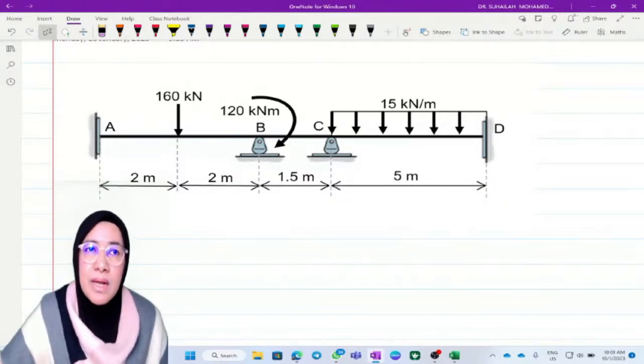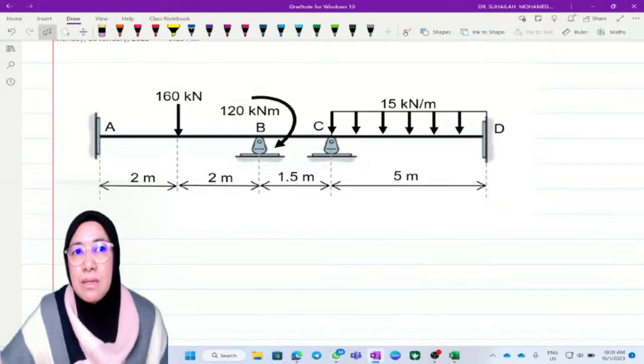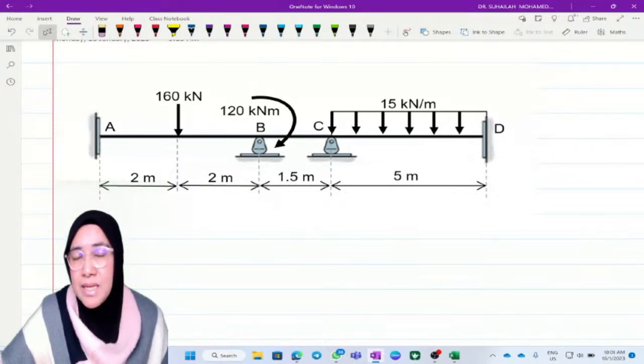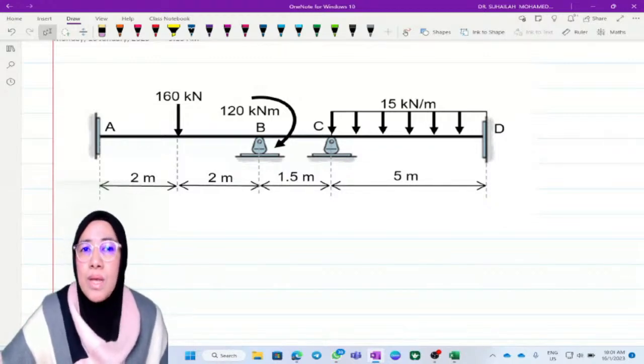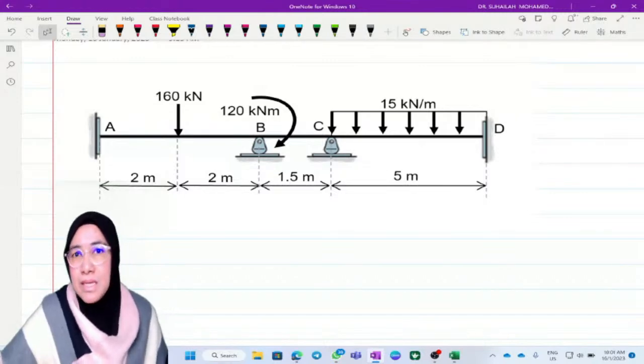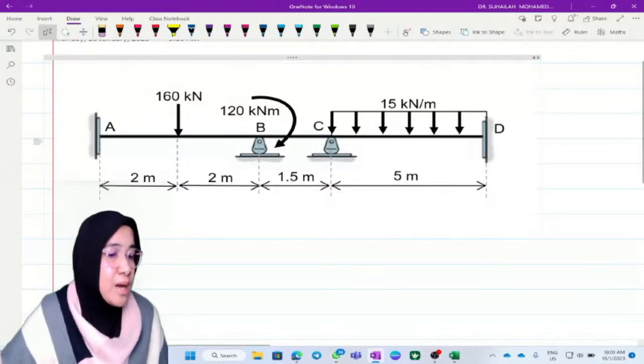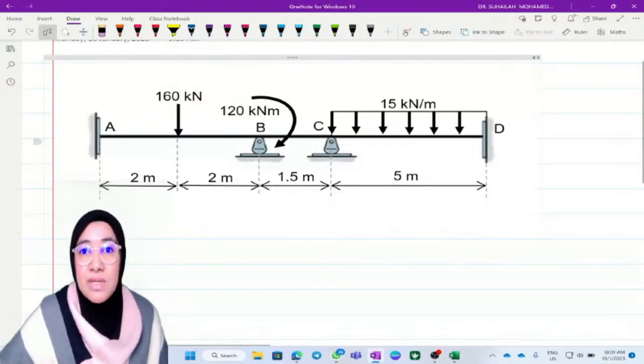The shear force diagram is used to determine the salient points in the bending moment diagram. The moment that we get from the table is actually the bending moment in the bending moment diagram, but the salient point, whether it has maximum moment or not, will be determined from the shear force diagram. Okay, so we have to start with the first step.